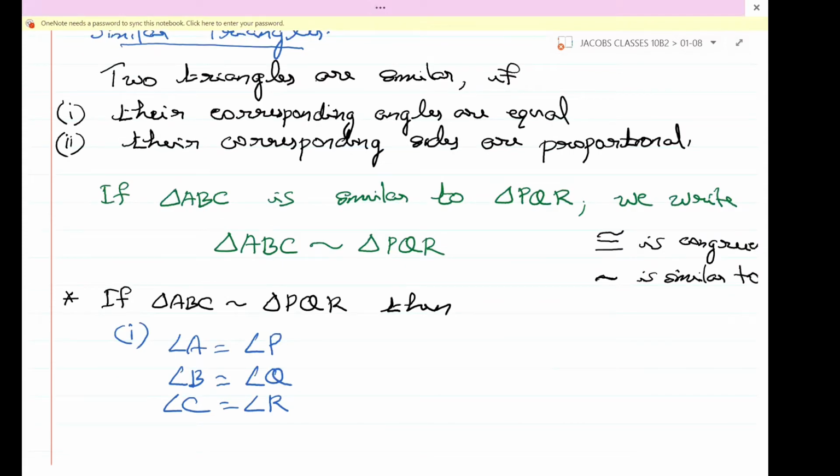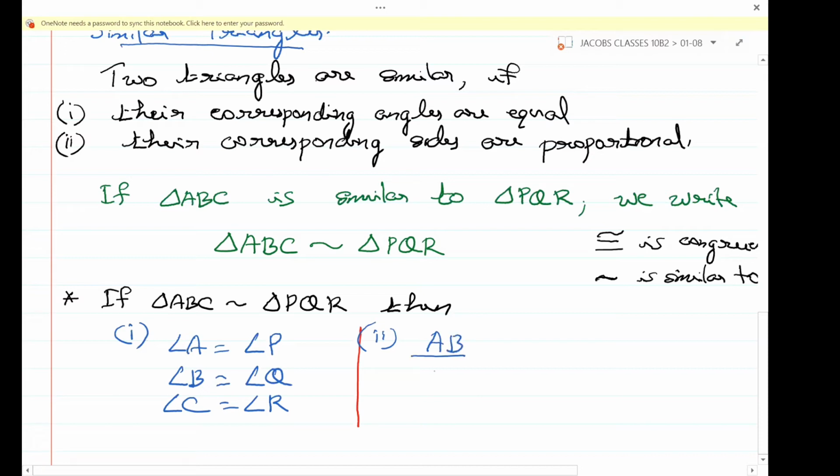Point number two is their corresponding sides are proportional. Equality is for congruency. Here it is proportionality. Proportionality means they are in the same ratio. That means AB by PQ, that is called a proportion. AB by PQ is equal to BC by QR is equal to AC by PR.